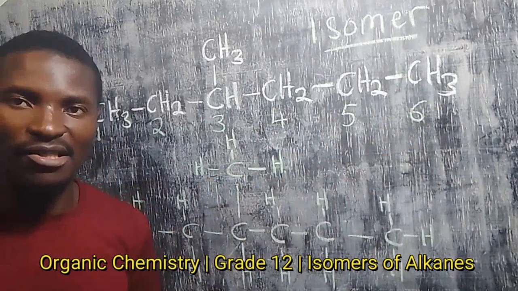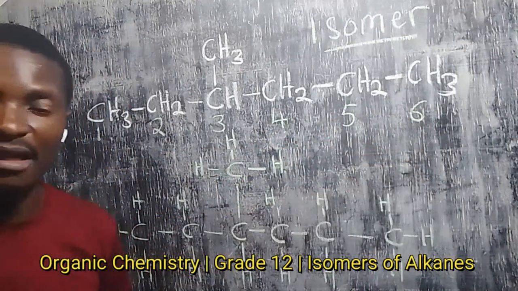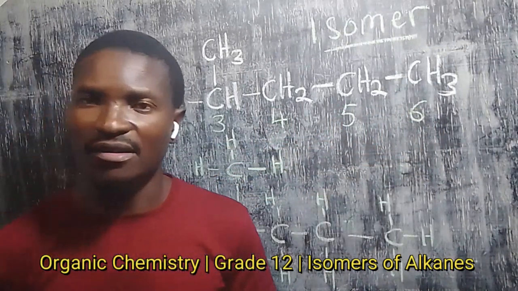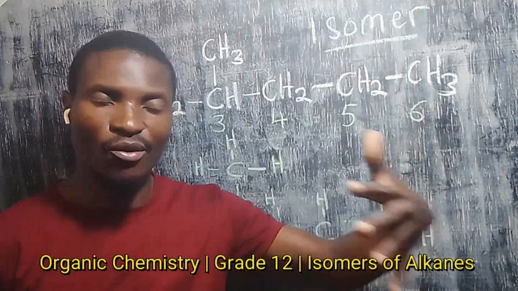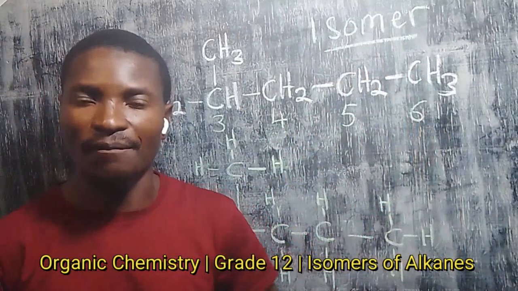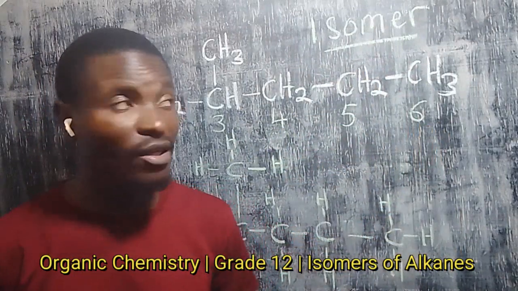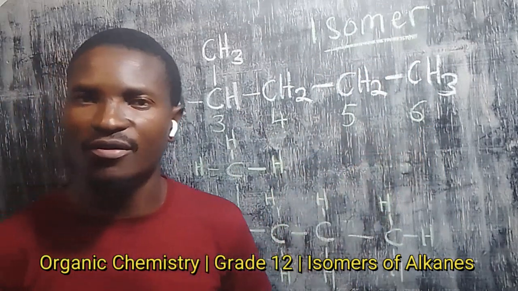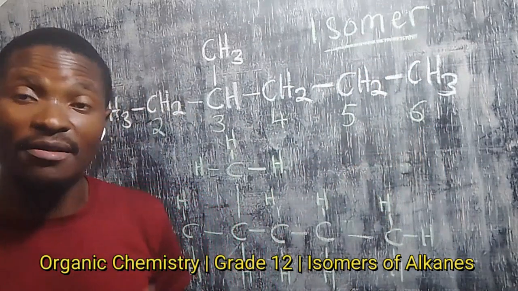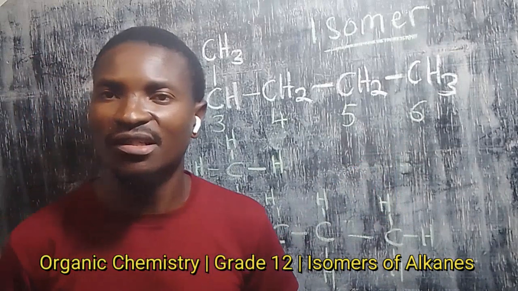When you look at the branching off and the numbering that I've done, you will discover that, going back to the normal alkanes, we call them alkanes because they all contain single bonds, and that's what makes us more comfortable understanding what we're dealing with.